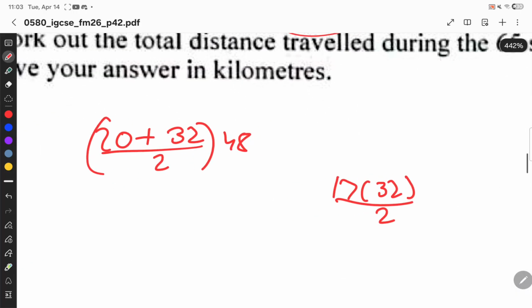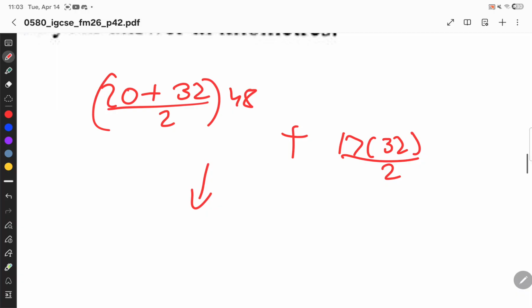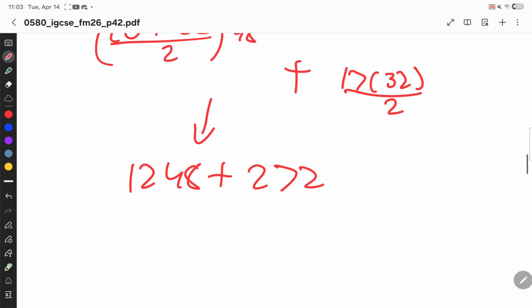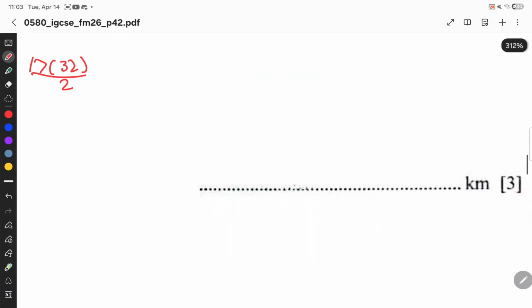If we add these together, we get 20 plus 32 all over 2 times 48, which is 1248, plus 17 times 32 divided by 2, which is 272. 1248 plus 272 is equal to 1520.